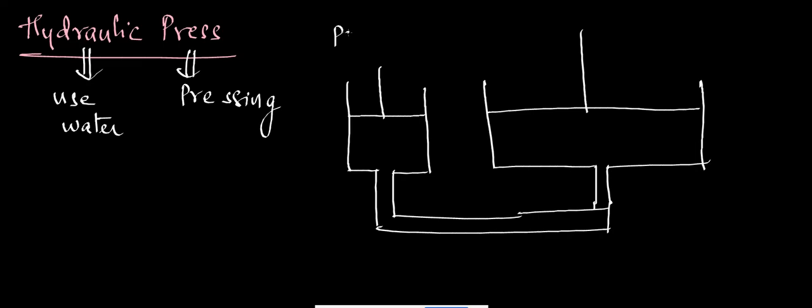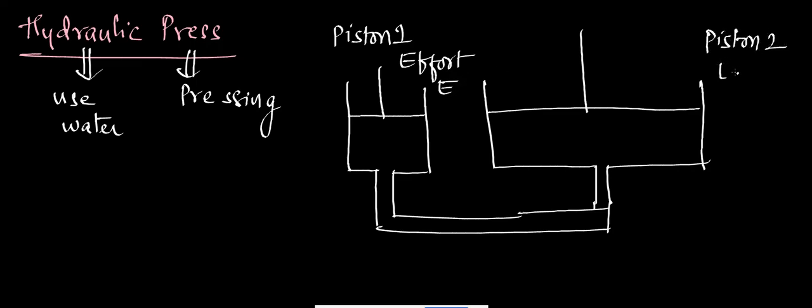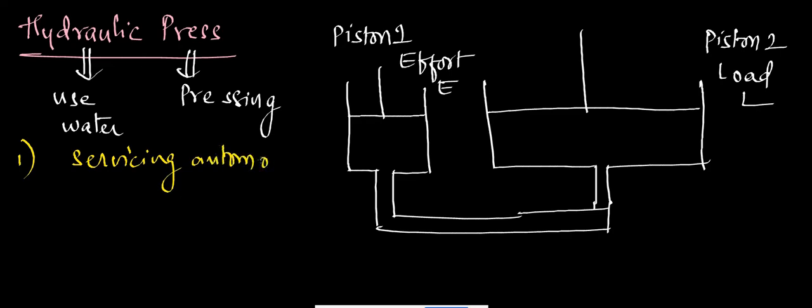On the piston one side we apply effort. Effort means the force which we are applying. On the piston two side, the force that we receive is called what? Load, L. Now what do we do? First thing is we use it in servicing automobiles. That means to repair cars, we use it. For what reason? To lift the vehicles, we use this.